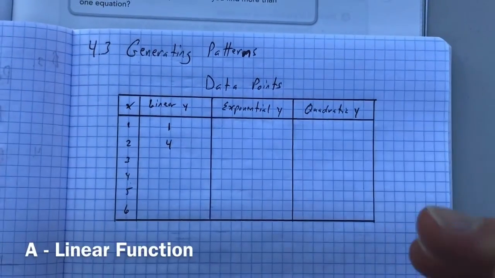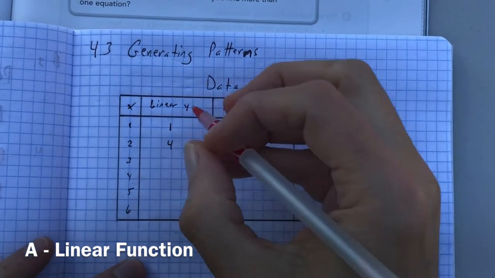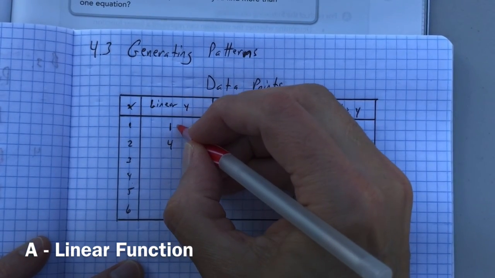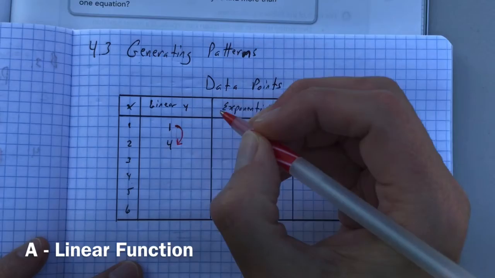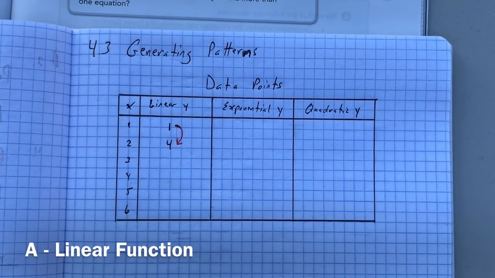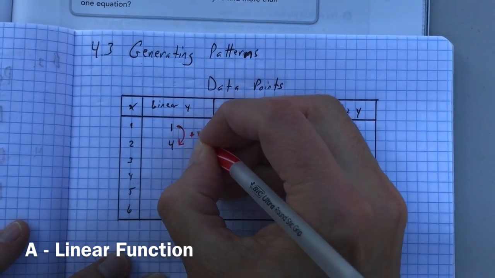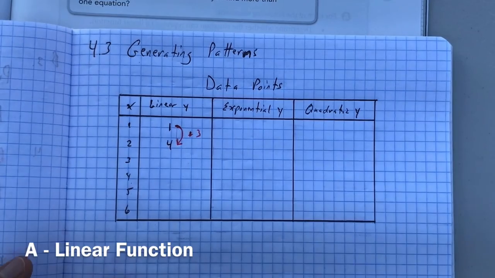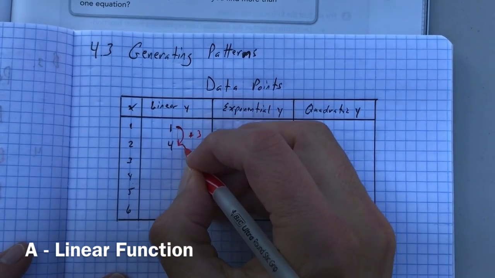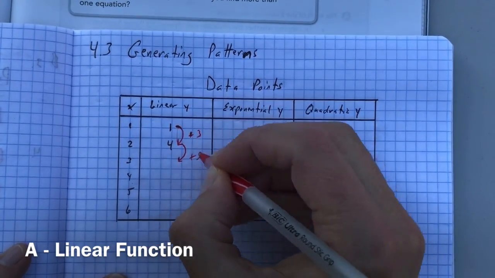All right, so for linear, what we're going to do first is look at this idea that when I go from 1 to 4, that's going to be a pattern that we would see in linear. It'd be plus something, plus something, plus something. So if I go 1 to 4, it's a plus 3. So the idea is if I go from here to the next one, it's going to be another plus 3.